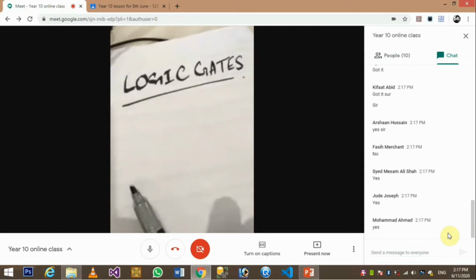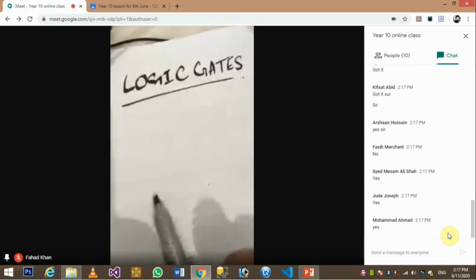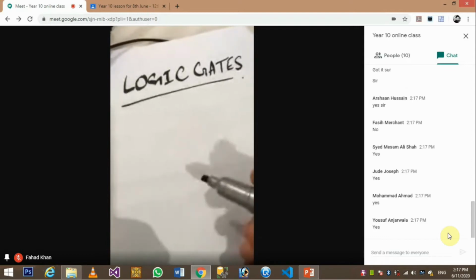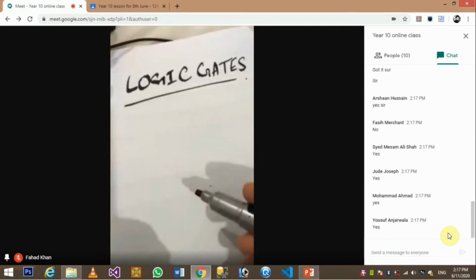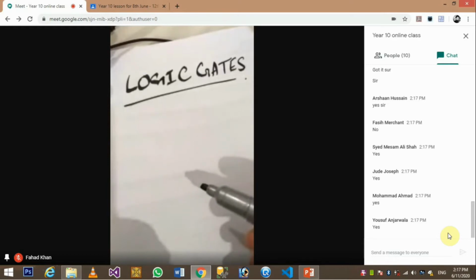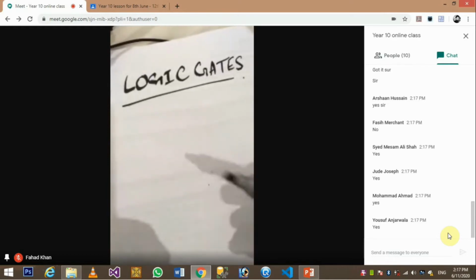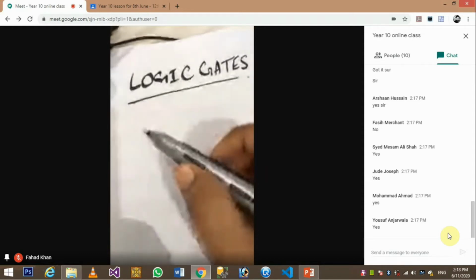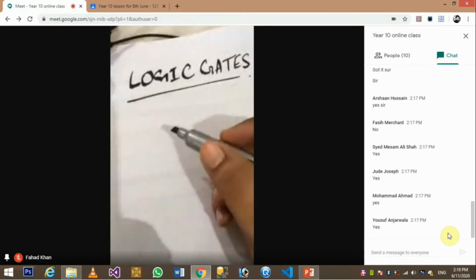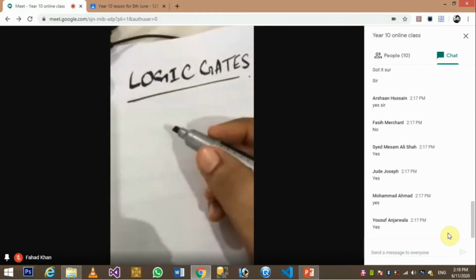Go to the people and you'll see two different IDs of mine. Pin the second one, which is showing you the camera. I'll leave and join again. Okay, no problem.